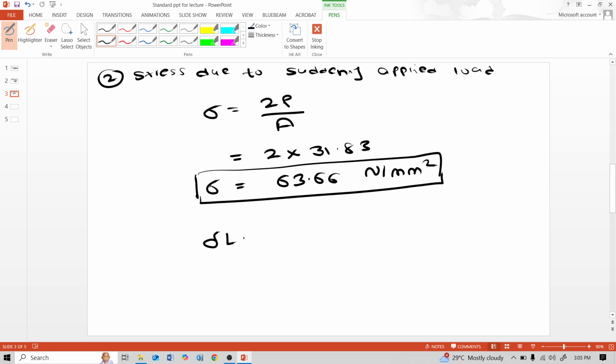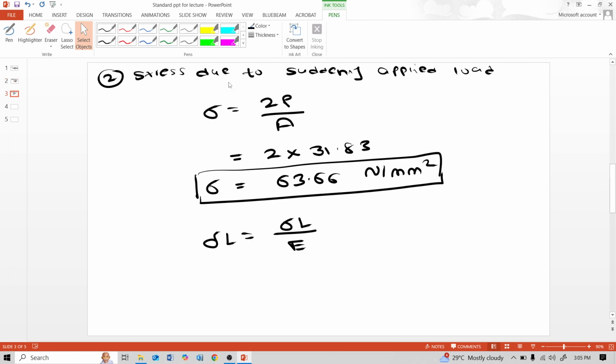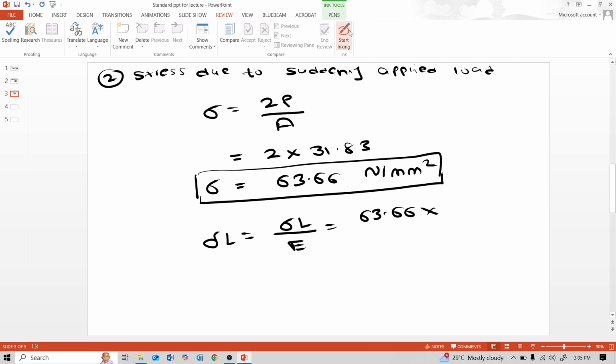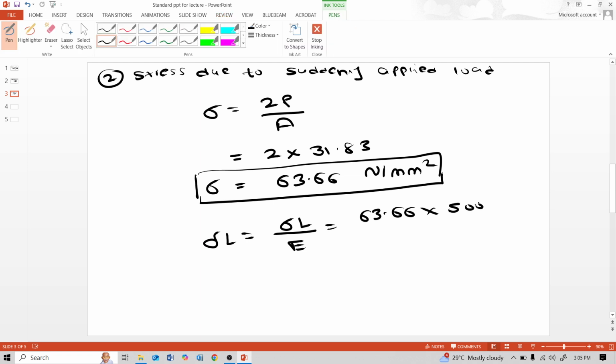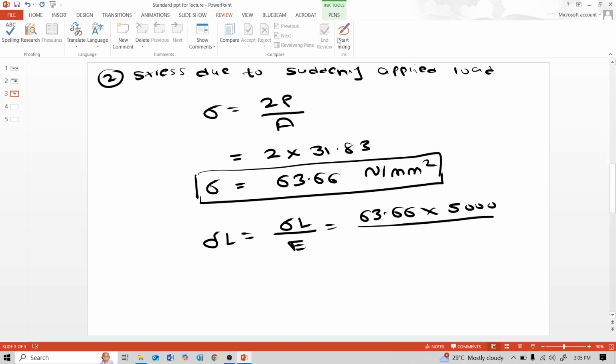And the change in length is sigma L upon E. Sigma is 63.66, multiplied by 5000, upon E. E is 210 into 10 raised to 3.